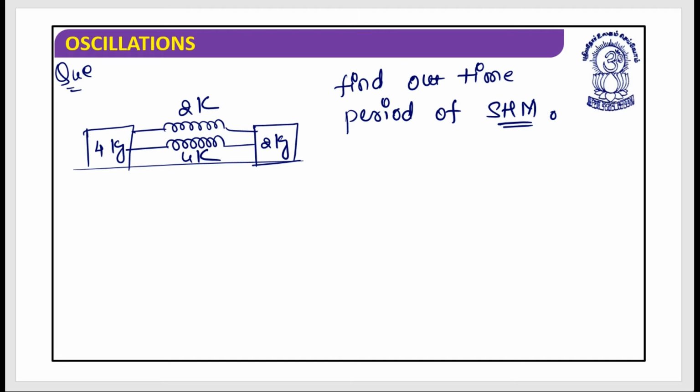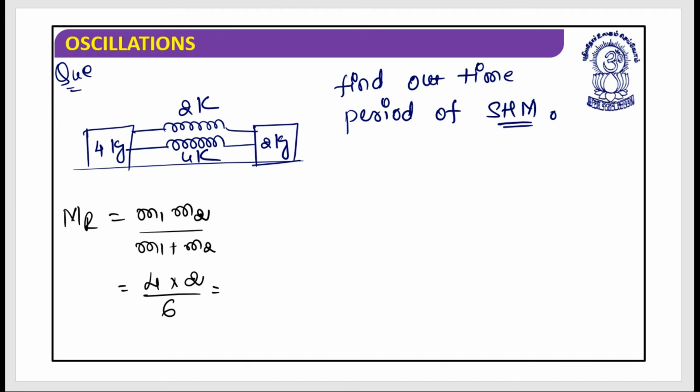As we are having two masses, first I need to find the reduced mass, which is equal to m1 into m2 divided by m1 plus m2, that is 4 into 2 divided by 4 plus 2, which is 6. So this is equal to 8 by 6, which is 4 by 3. This is the reduced mass.